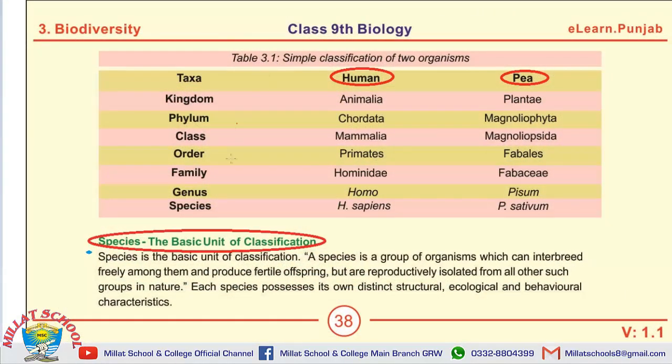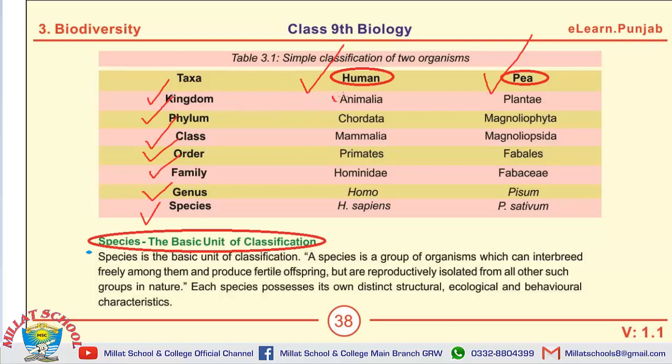There are 2 questions on the very start of this page, and these questions are about the classification of human and the classification of pea plant. Classification of human beings starts from kingdom and ends at species, and the other taxa are present in between them, and you will have to write about the detail of these taxa.